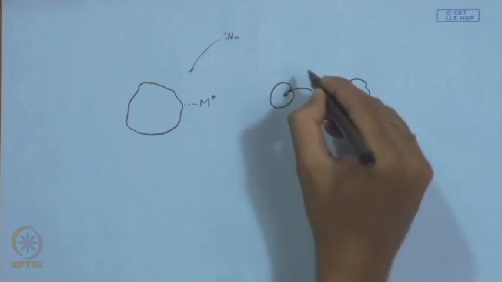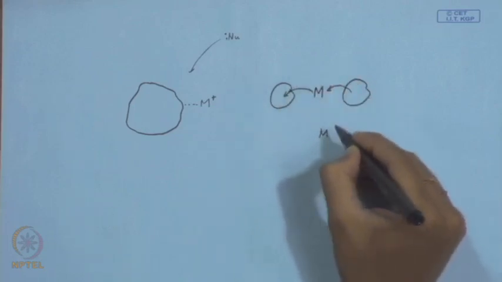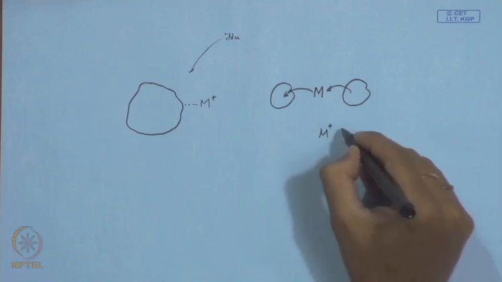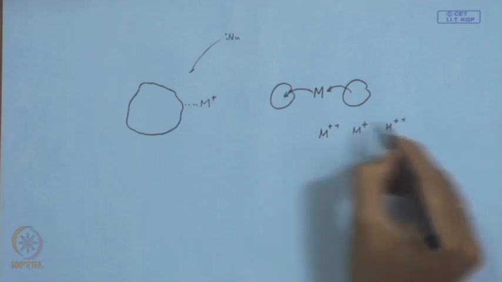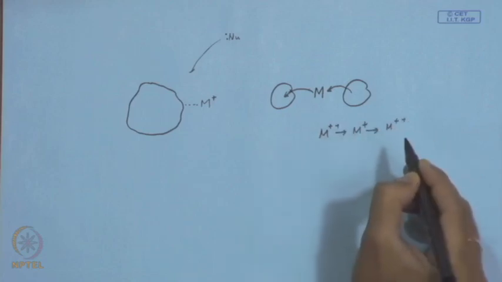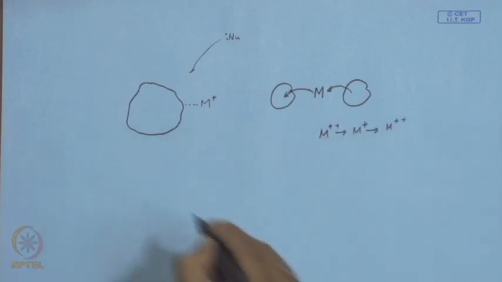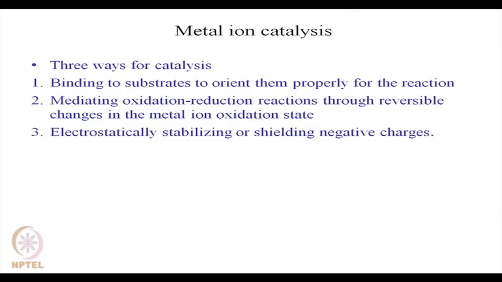Reversibly it switches from, say, M plus to M plus plus, then back to M plus, then to M plus plus. So, it is a reversible process, mediating oxidation reduction reactions through reversible changes in metal ion oxidation states. The third one is electrostatically stabilizing or shielding the negative charges, because the metal ion has positive charges.